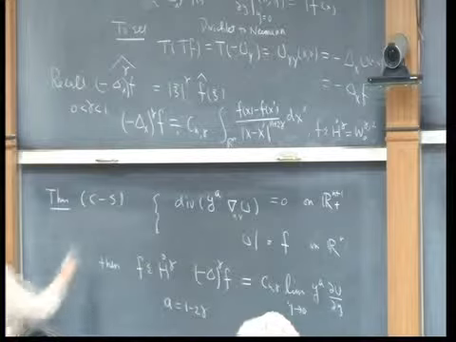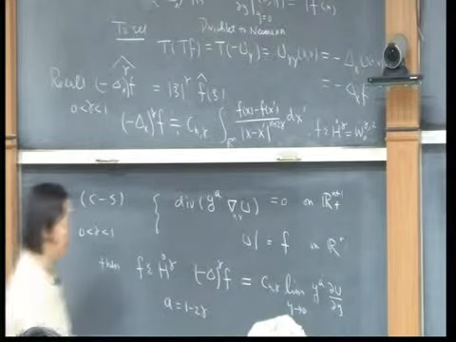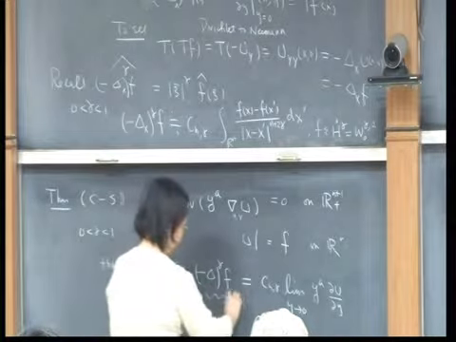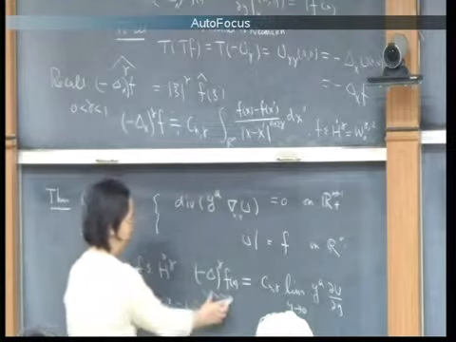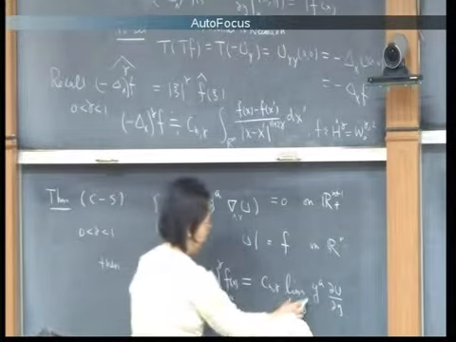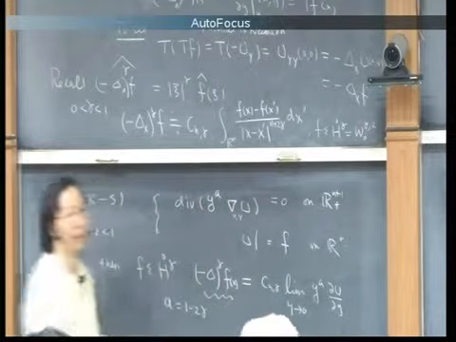So given gamma between 1 and 0, we can treat this minus Laplace gamma f as a boundary function, and the boundary function is a weighted Dirichlet to Neumann operator of the harmonic extension.